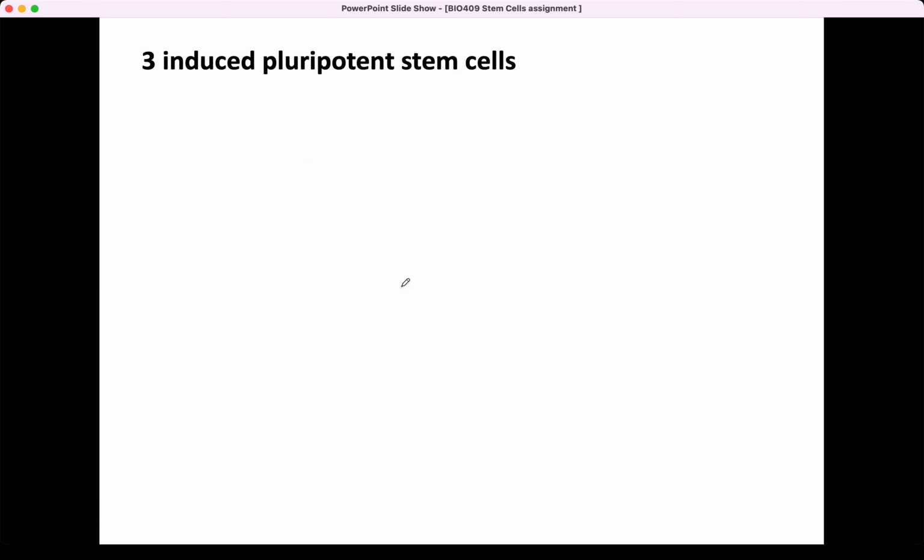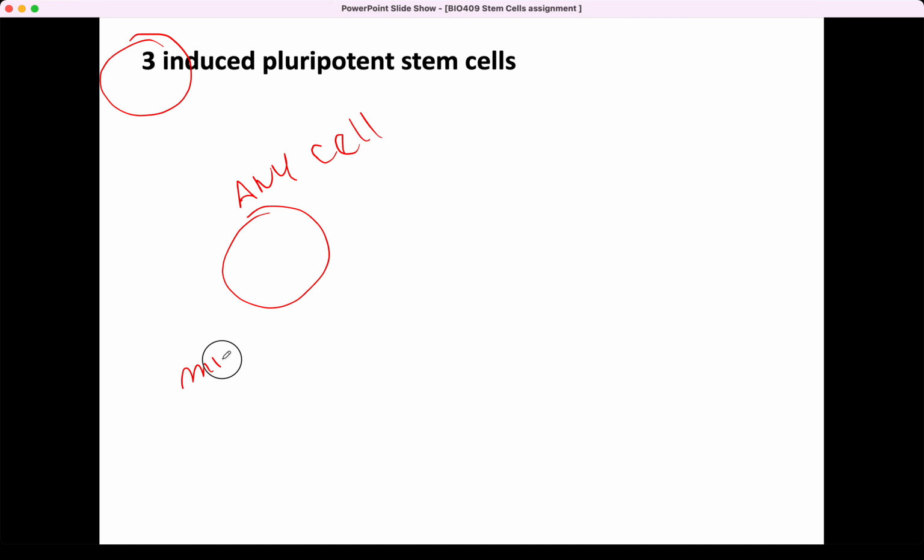All right, so now we're going to talk about induced pluripotent stem cells. And this fits into our course very, very nicely. We can really dive into this, and we'll try to do it quickly and efficiently and build this framework for understanding these. So these are not natural. And it's a story where scientists discovered they could take any cell from your body, and the example we'll pick is a muscle cell.